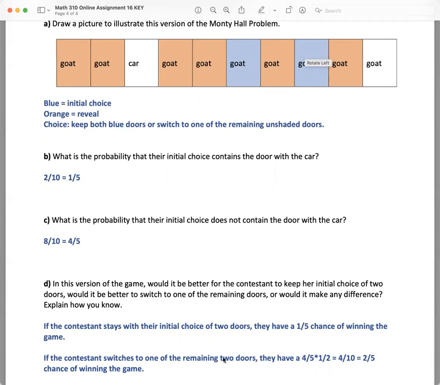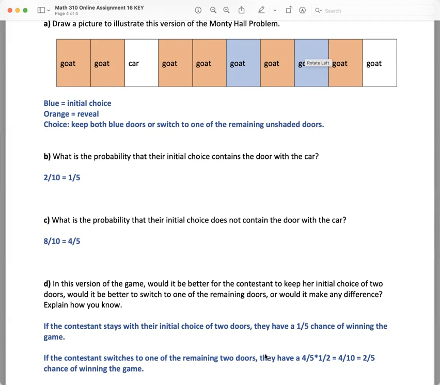So we use a little rule in probability, the multiplication rule, because there's actually 2 probabilities at play. To win if you switch, first you have to pick 2 doors that do not contain the car, right? So that's part C. What is the probability that your initial choice does not contain the car?